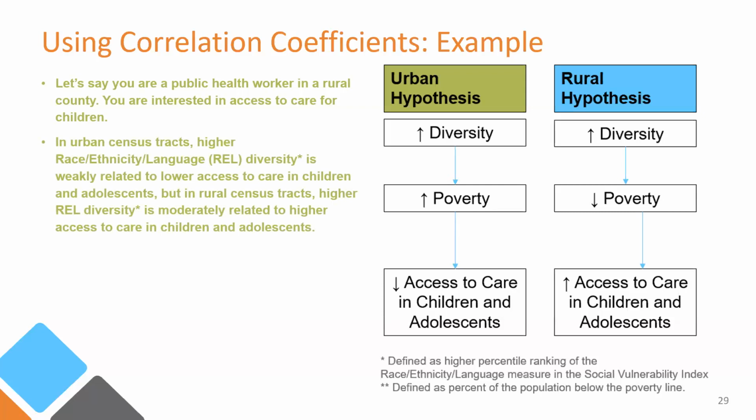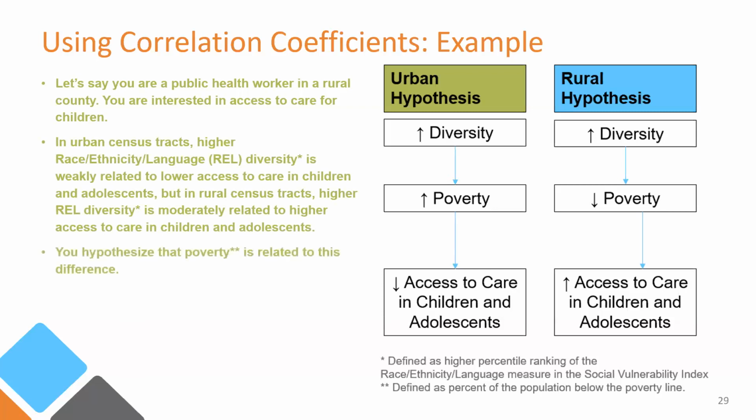Looking at the health equity dashboard, you can see that in urban census tracts, higher race, ethnicity, language diversity is weakly related to lower access to care in children, but in rural census tracts, higher diversity is moderately related to higher access to care in children and adolescents.